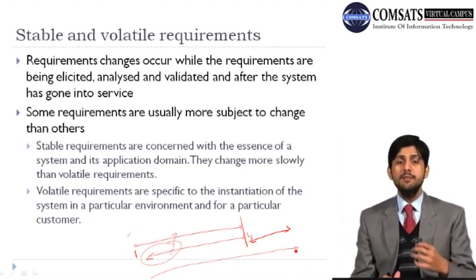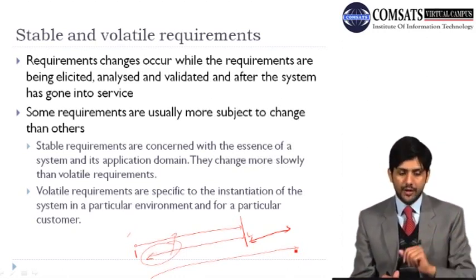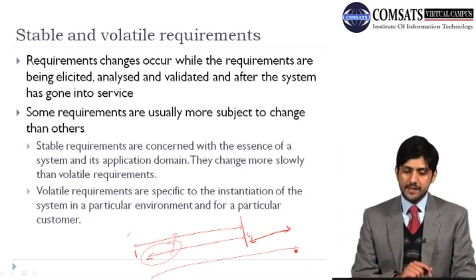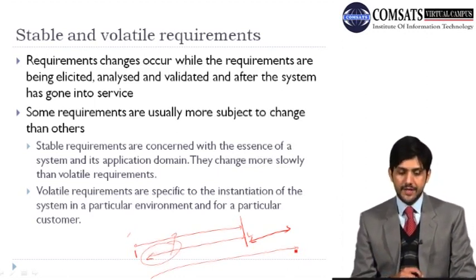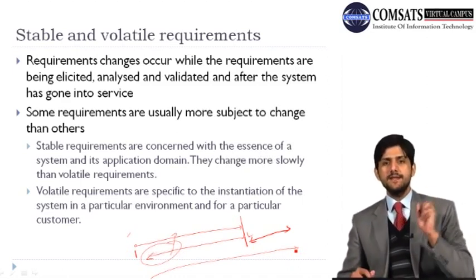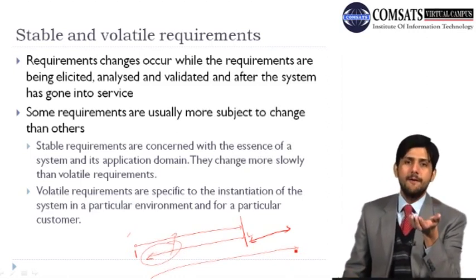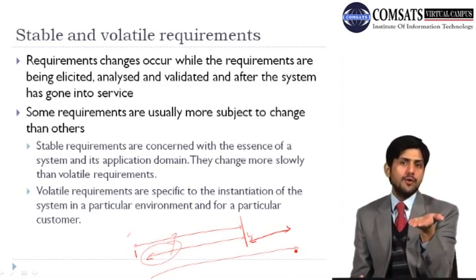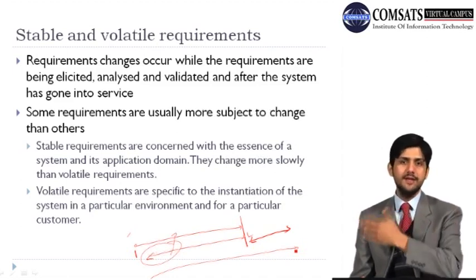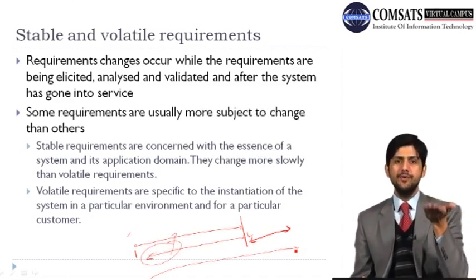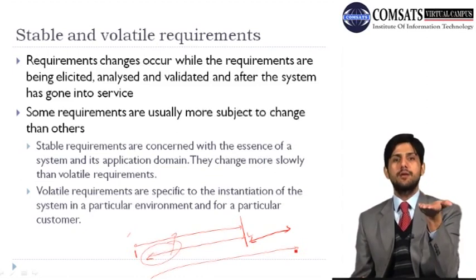Some requirements are stable, whereas some are volatile. Stable requirements are concerned with the essence of the system and its application domain. They change more slowly than the volatile requirements. Normally it is said that there are some requirements which form the core of your system. For example, the application domain knowledge is not going to change, so those are stable requirements.